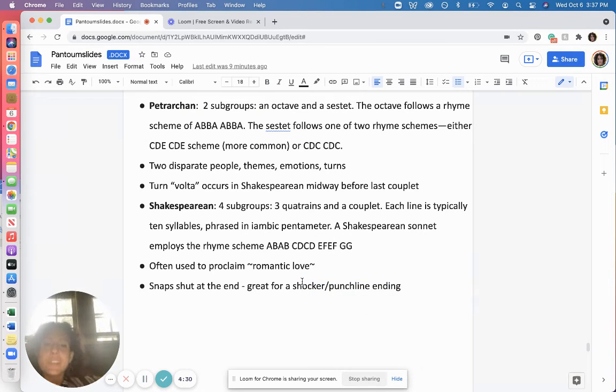And so, like I said, the sonnet snaps shut at the end. So it's great for a shocker ending. Think about one of the sonnets I assigned you, that really wonderful Julie Kane sonnet about how she got a used book and found out that it was one that she gave to somebody she was deeply in love with. And it snaps shut with that announcement of, damn, this guy really betrayed me.